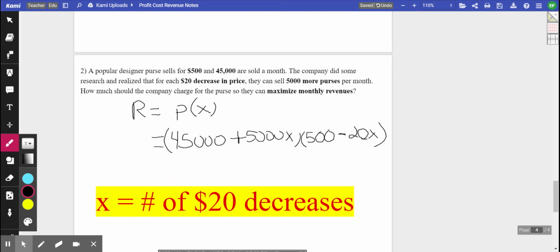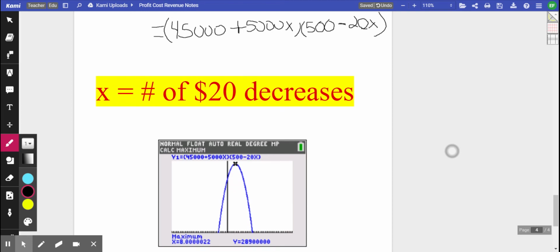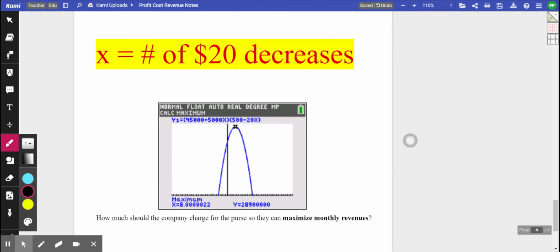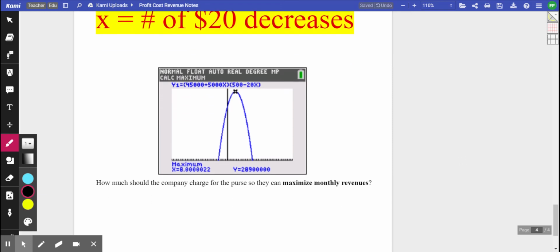If we plug our revenue function into our calculators, and again, I don't even bother distributing here, I plug it in, you see it with the parentheses, and I looked at my maximum. So based off of the graph here, how many purses should the company charge so that they can maximize their monthly revenue?